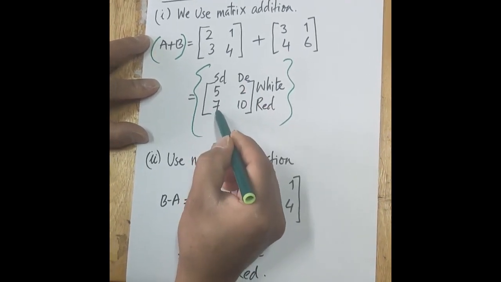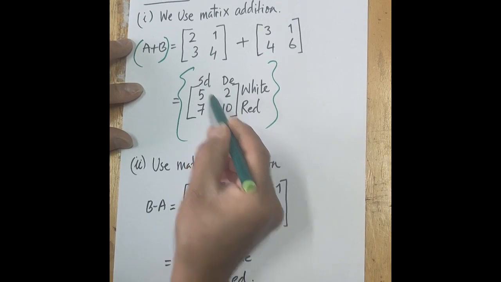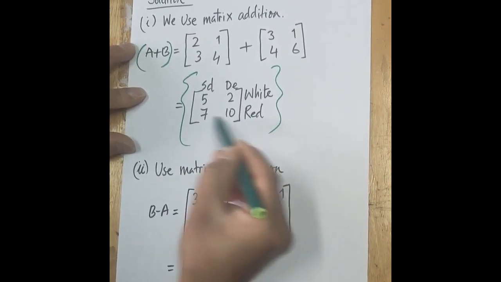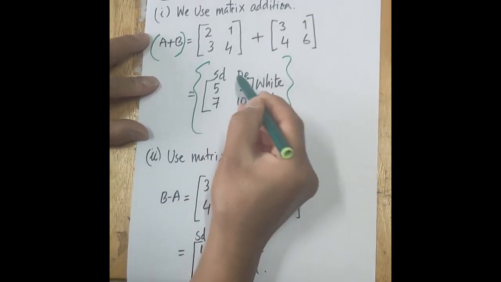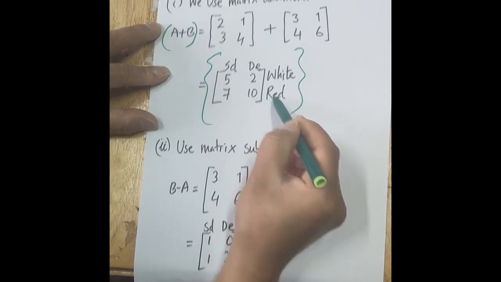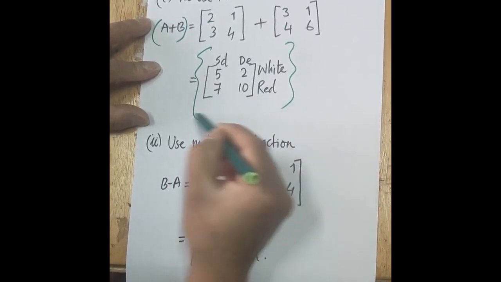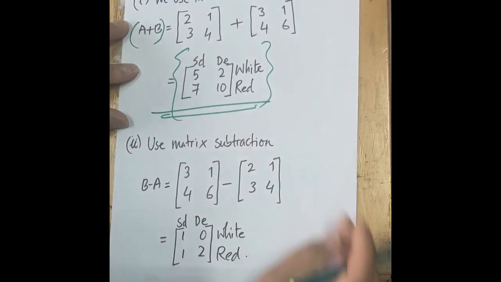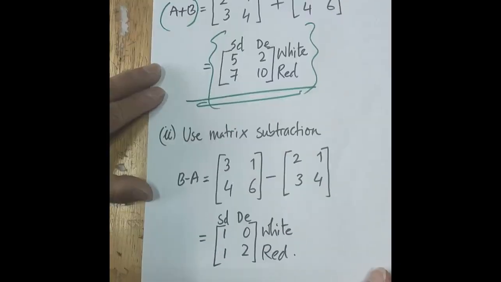In a similar way, the total sales for the standard car in red is 7 and the total sales for the deluxe car in red color is 10. So this is our final answer for sub-question 1.